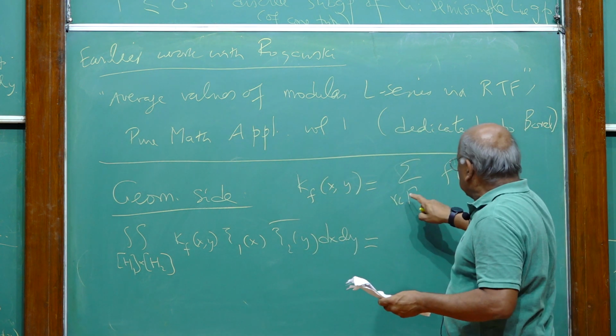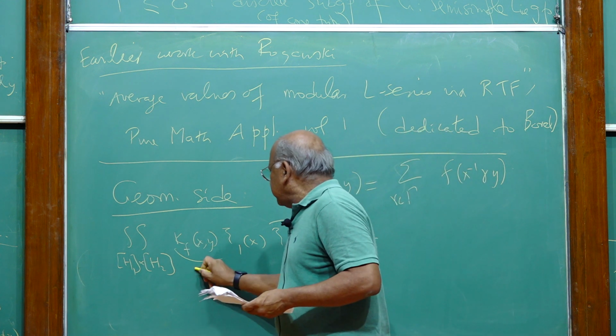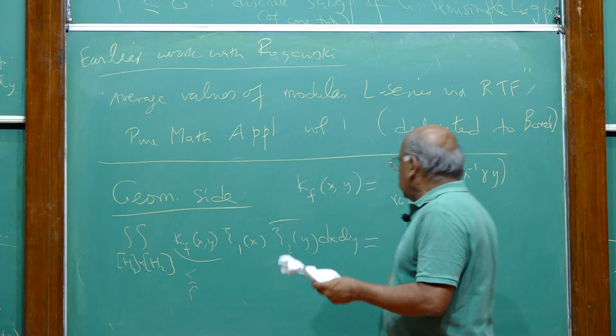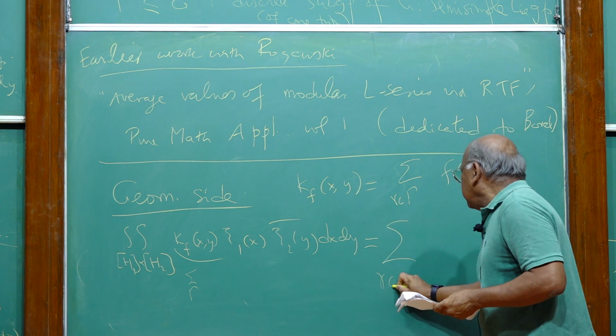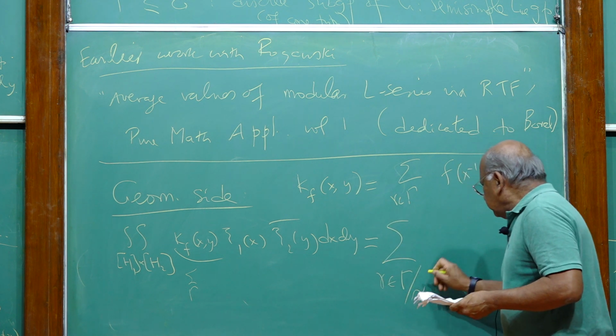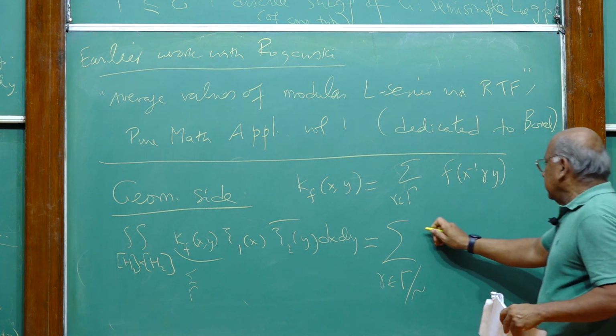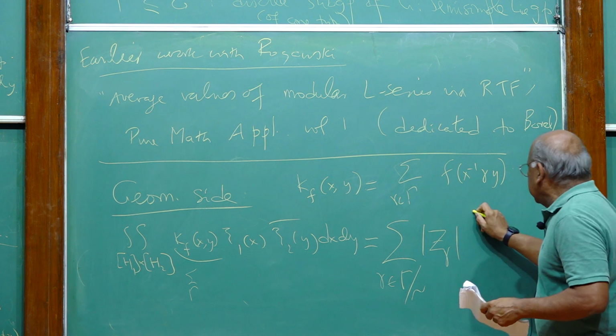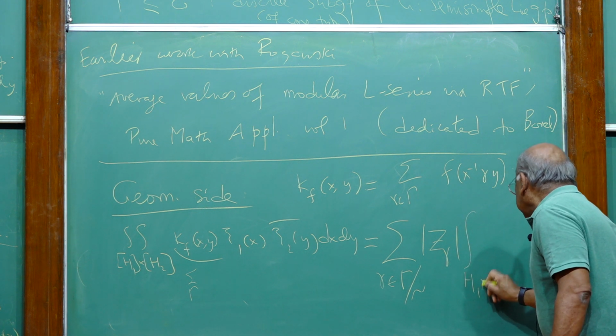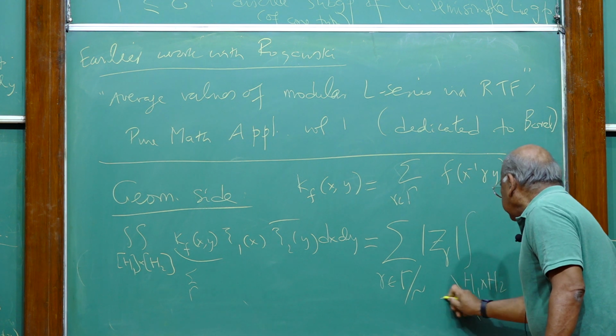So the kernel function, of course, has the sum over gamma, and then you can exchange it. Then you get the sum over gamma in Gamma, up to some equivalence I will say in a minute, of some group I'm going to call Z gamma. Then here I'm going to get H1 cross H2 divided by Z gamma.